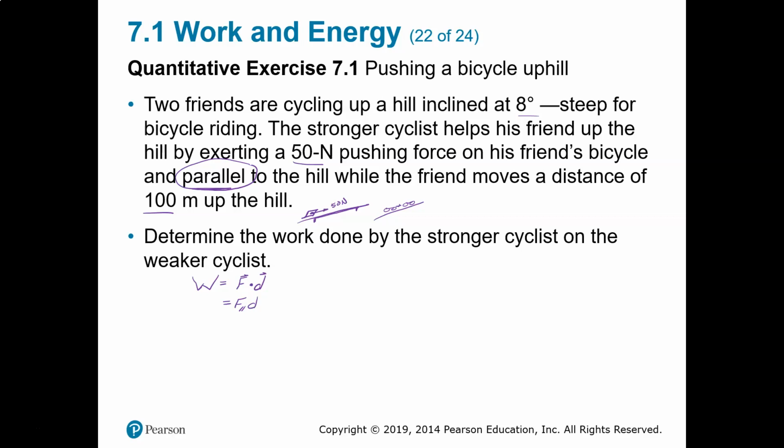In this case, that 50 newtons is parallel to the path that the person is traveling, and that displacement is 100 meters. So what we get is that that person has done 5,000 joules of work just helping his friend up the hill.